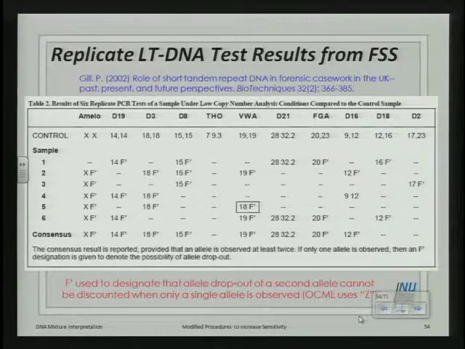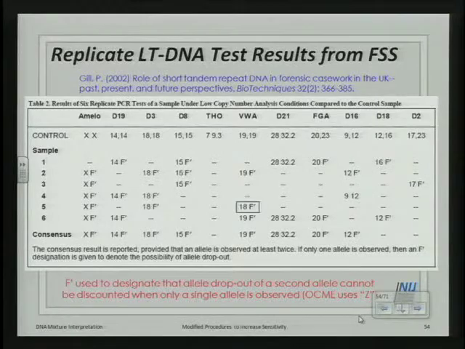So this is the Peter Gill paper, and again, what they recommended doing in that paper is to take multiple replicates. So instead of just doing one amplification and going off of that, the recommendation is to do multiple amplifications and then develop a consensus profile where alleles that are observed at least twice you would score.